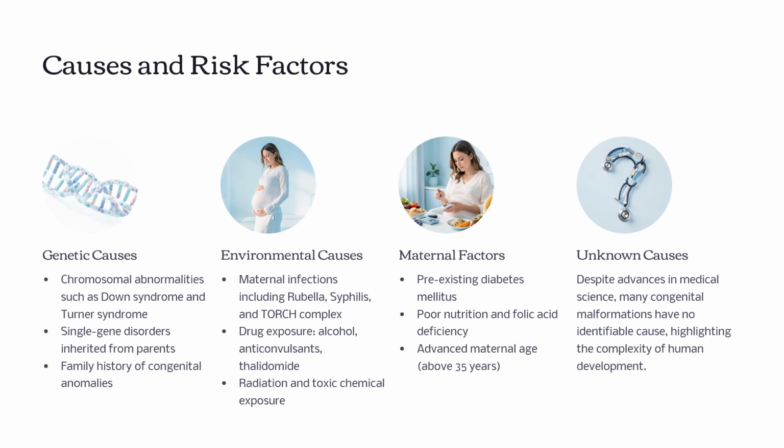Then maternal factors: pre-existing diabetes mellitus, meaning the mother had diabetes before the pregnancy, poor nutrition, folic acid deficiency, or advanced maternal age, more than 35 years. These are also risk factors for congenital anomalies.